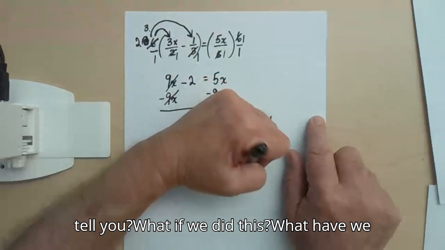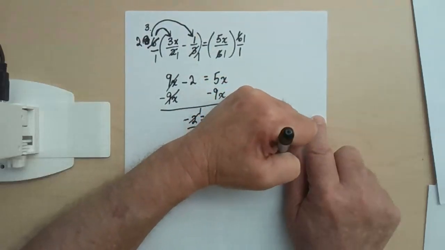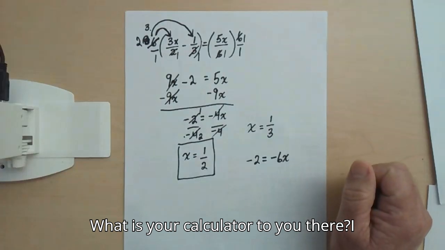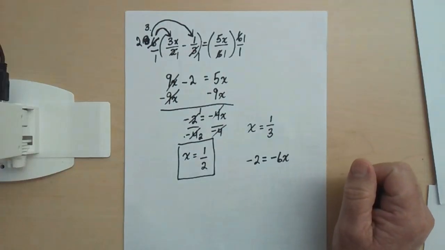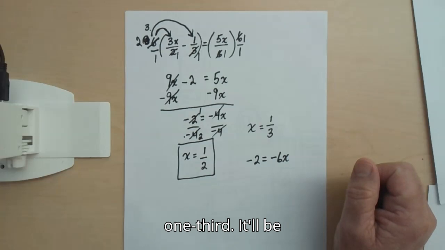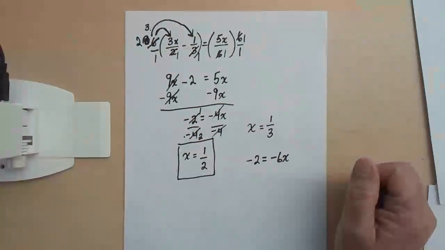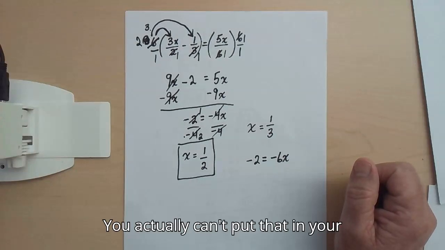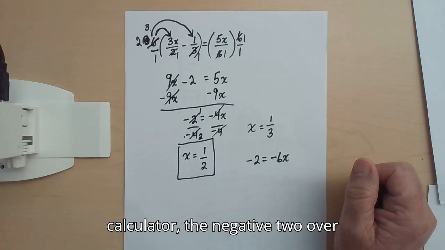What if we did this? What if we got, what does your calculator tell you there? I bet it doesn't say 1/3. I know what it will say, but it won't be 1/3. It'll be 0.3333333, something like that. Yes? You actually can't put that in your calculator, the -2 over -4.